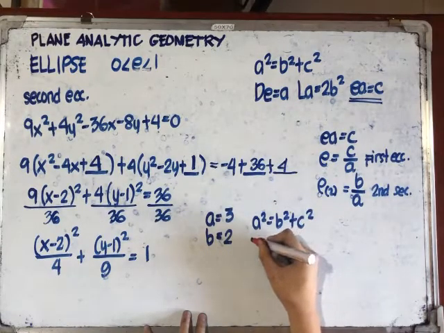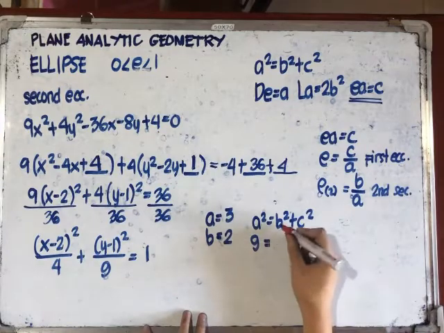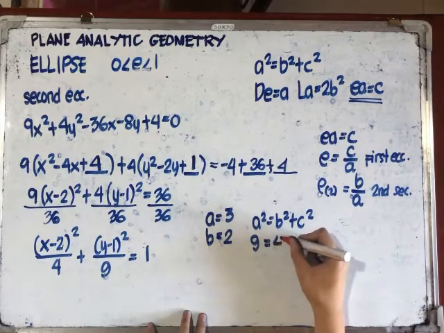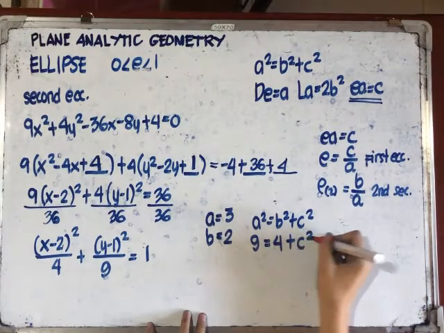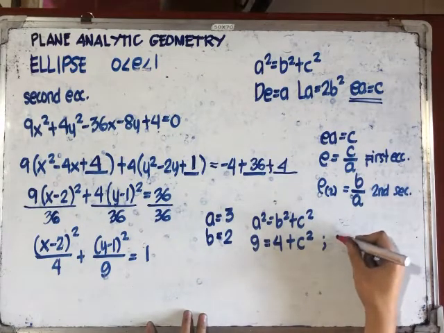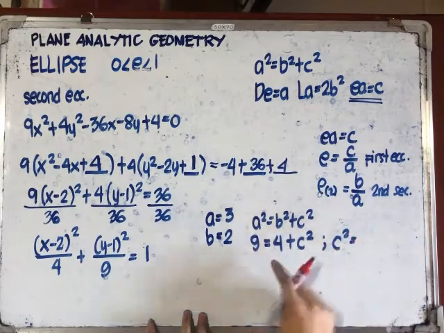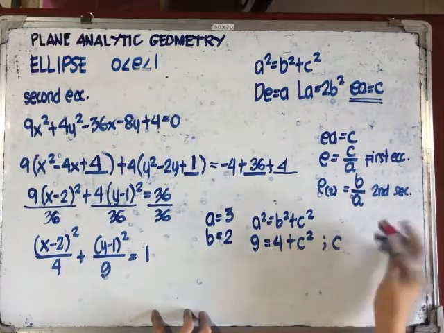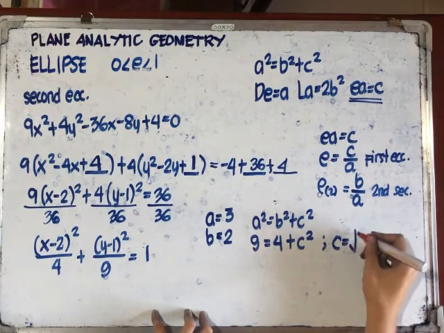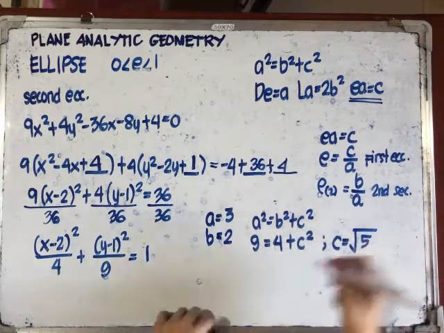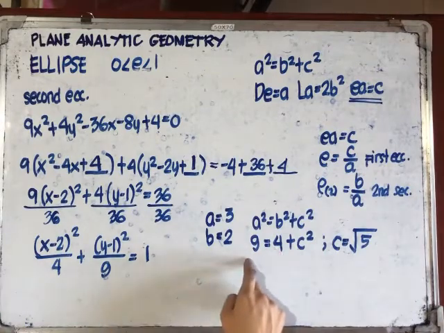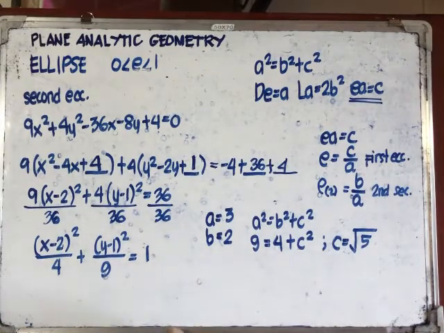So this is 3 squared, 9, is equal to B squared, 4, plus C squared. So we have here C is equal to the square root of 5. Is that correct? 9 minus 4 is 5. Take the square root. That's square root of 5.